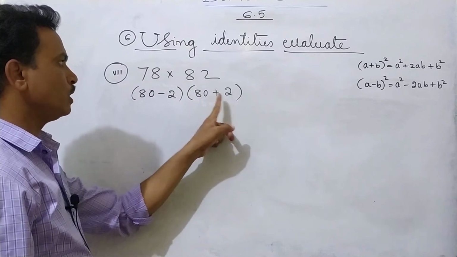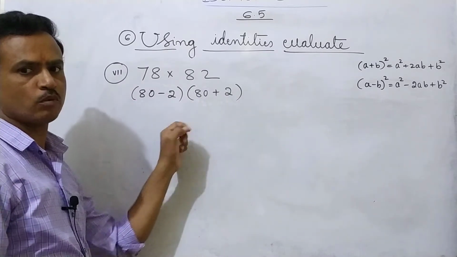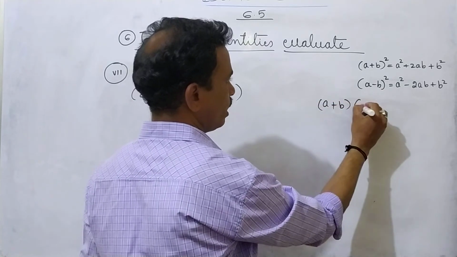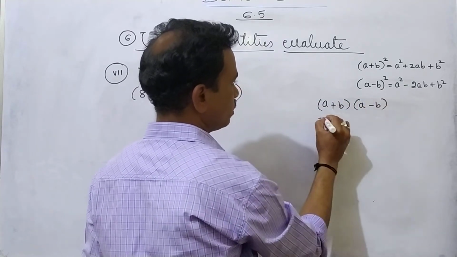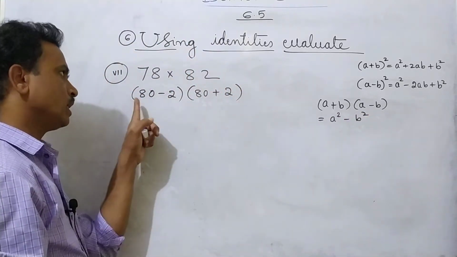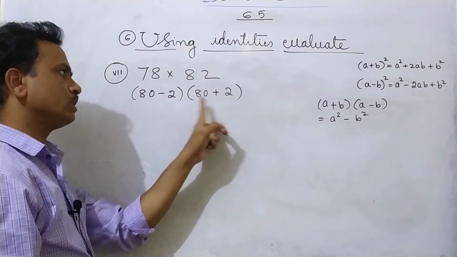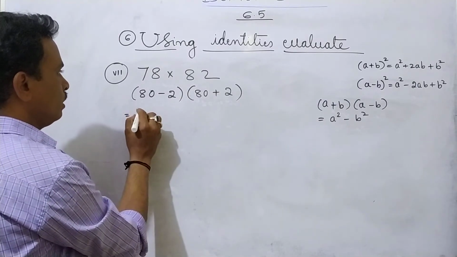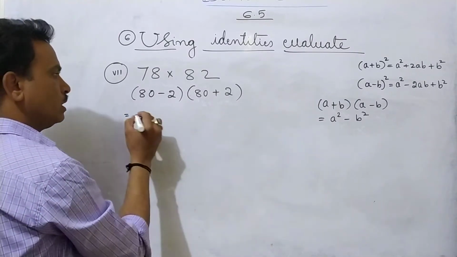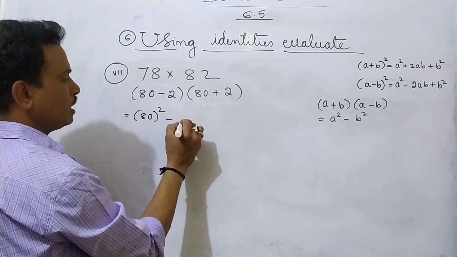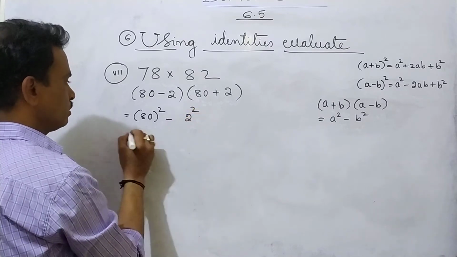So again (a plus b) into (a minus b), use this formula: (a plus b) into (a minus b) is equal to a square minus b square. Now here a is equal to 80 we should take, then b is equal to 2. Then according to that identity, a square minus b square means 80 square minus 2 square.